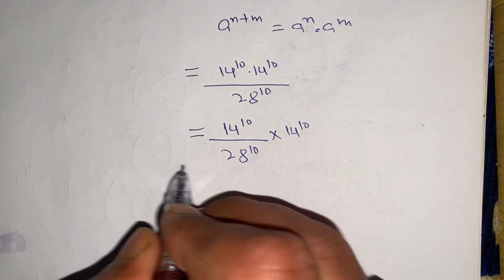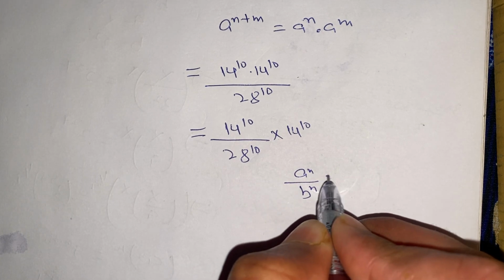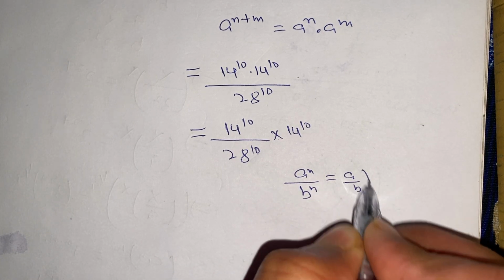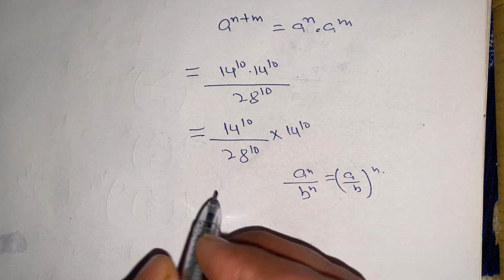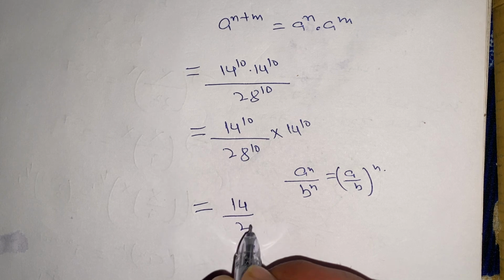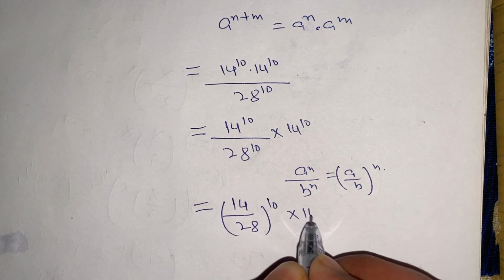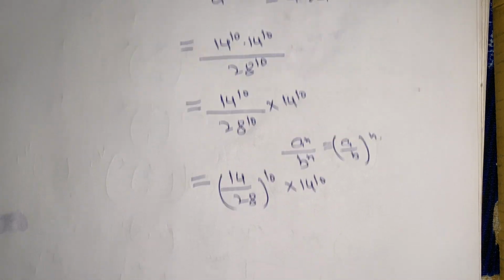Now in the next step we use an identity: a power n over b power n is equal to a divided by b, whole power of n. On using this identity we get 14 over 28 whole power 10 times 14 power of 10.